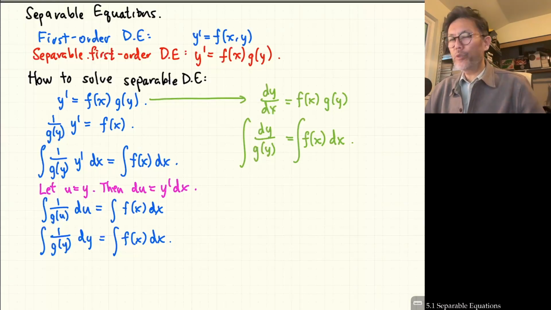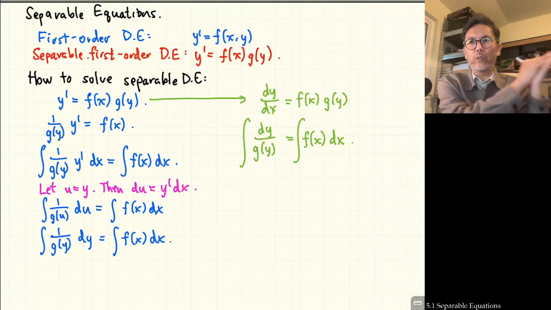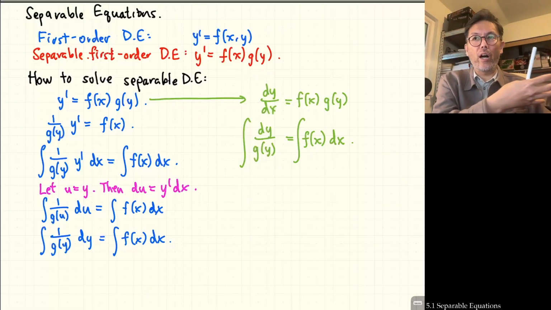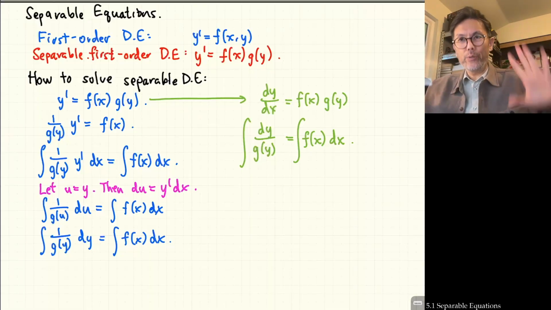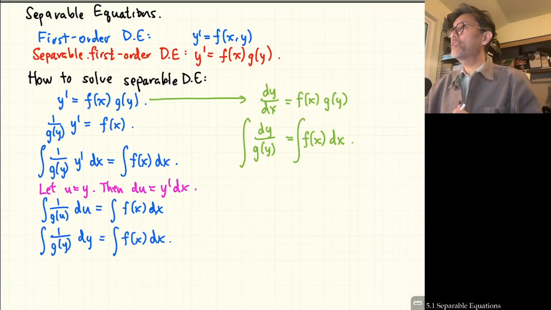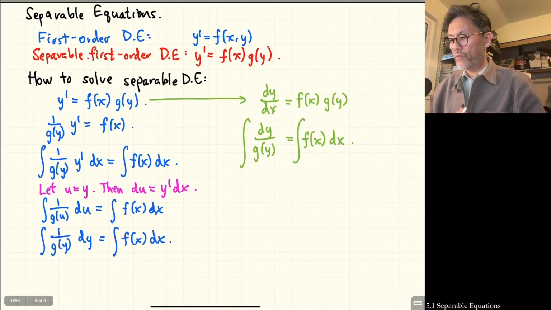You treat temporarily dy dx as a fraction, and then you segregate the variables. You put all the stuff involving x on one side, typographically, and all the stuff involving y on the other side, and then you integrate both sides. That's the idea. And that's how you go about solving a separable differential equation.